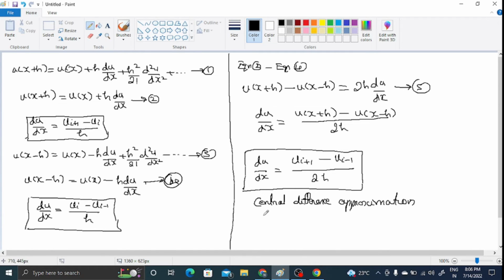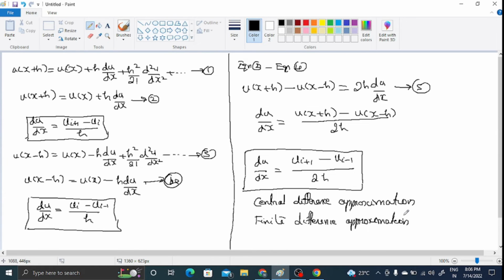This is also known as finite difference approximation. Normally, we are going to use this equation in order to solve the boundary value problem and the Laplace equation. We are going to use this central difference approximation, because that is more convenient.